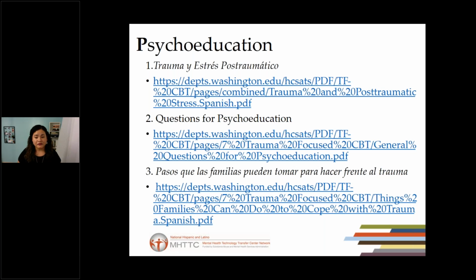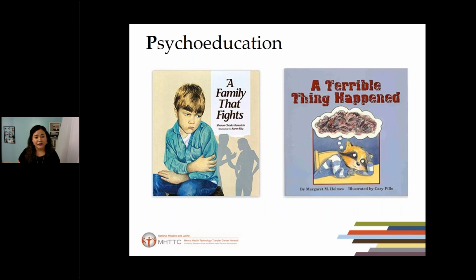And number 3 is pasos que las familias pueden tomar para hacer frente al trauma. There are different steps that families can take to cope with trauma, let's say. And this is for you to have those links and check them out.